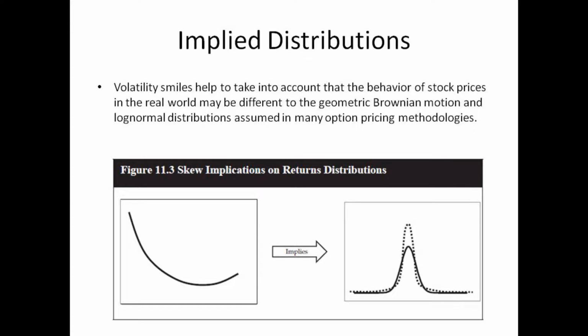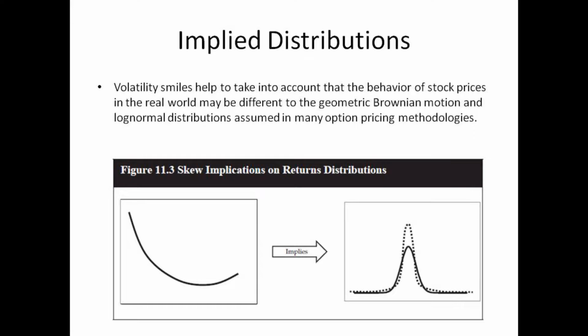I'm sure many of you have already heard people talking about this topic, and they say, well, stock prices actually have fat tails, that they're not normally distributed, that extreme moves happen more often than would be expected based upon a log normal distribution. And there are many people who criticize formulas like the Black-Scholes model because one of the assumptions is that stocks move with this geometric Brownian motion and that the prices are log normally distributed.